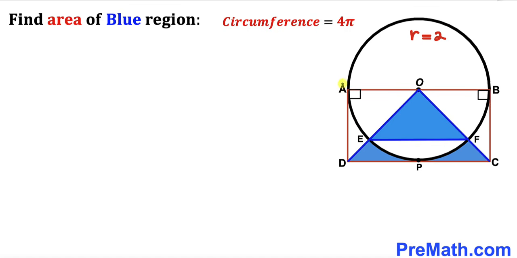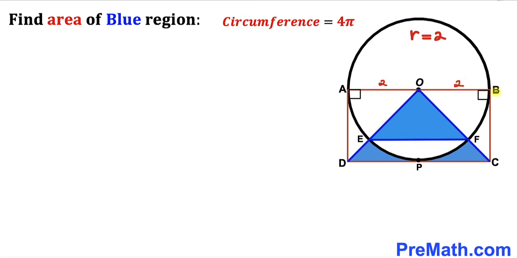Now let's make an observation. We can see that this angle is 90 degrees and this angle is 90 degrees as well, since we are dealing with this red rectangle. Once again, let's make an observation. We can see that AO is the radius of the circle, likewise OB is a radius as well. So this radius is going to be 2 and this radius is 2 as well.